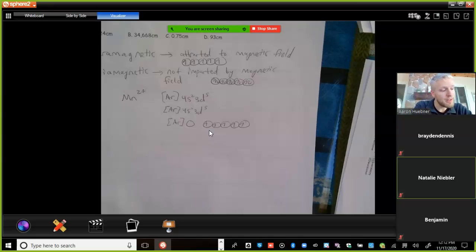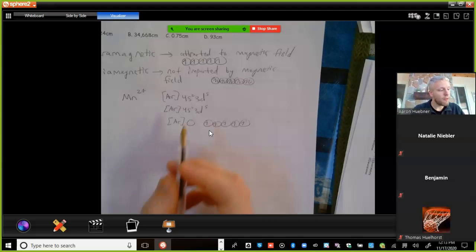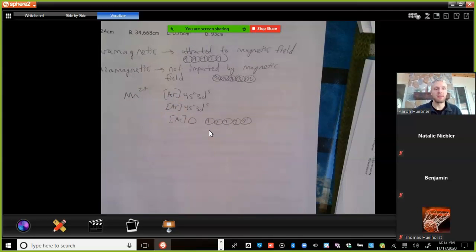So manganese 2+, from my memory, was one in that demo, which maybe I'll make the video tomorrow, otherwise the next day, where it'd be attracted to the magnet significantly, kind of like iron is attracted to a regular magnet. 4s0, because we pulled out 2 electrons since it's 2+, so it's an ion.